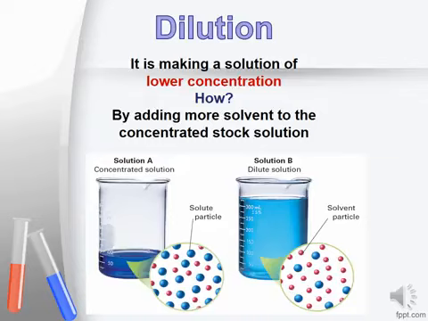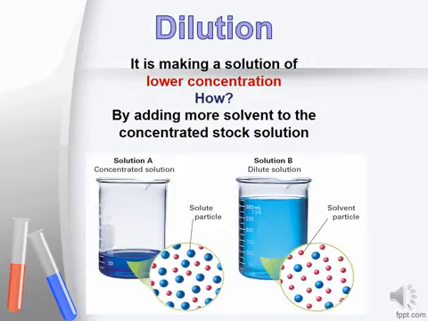To dilute this solution, I am going to add more water or more solvent, then the amount of solute will decrease relative to the amount of solvent, and the solution will be diluted.